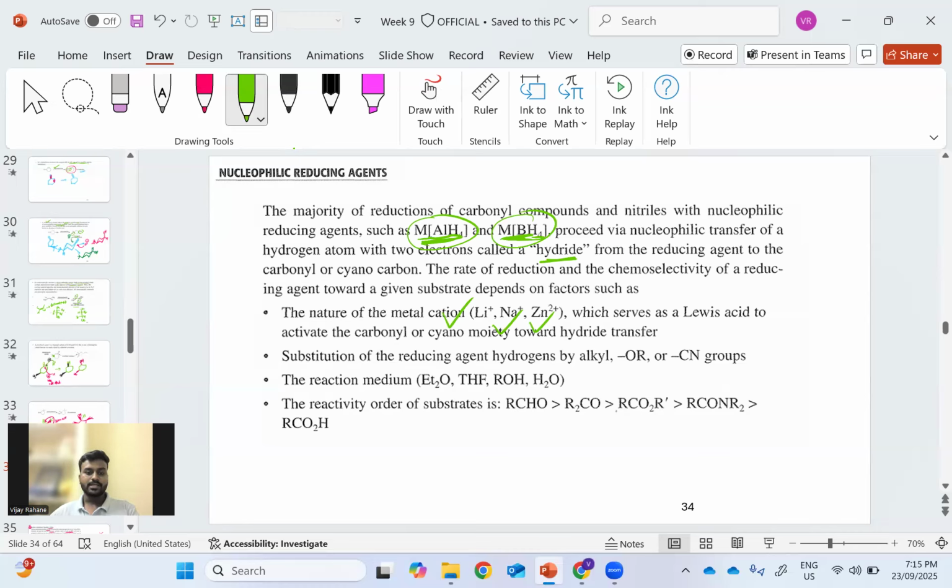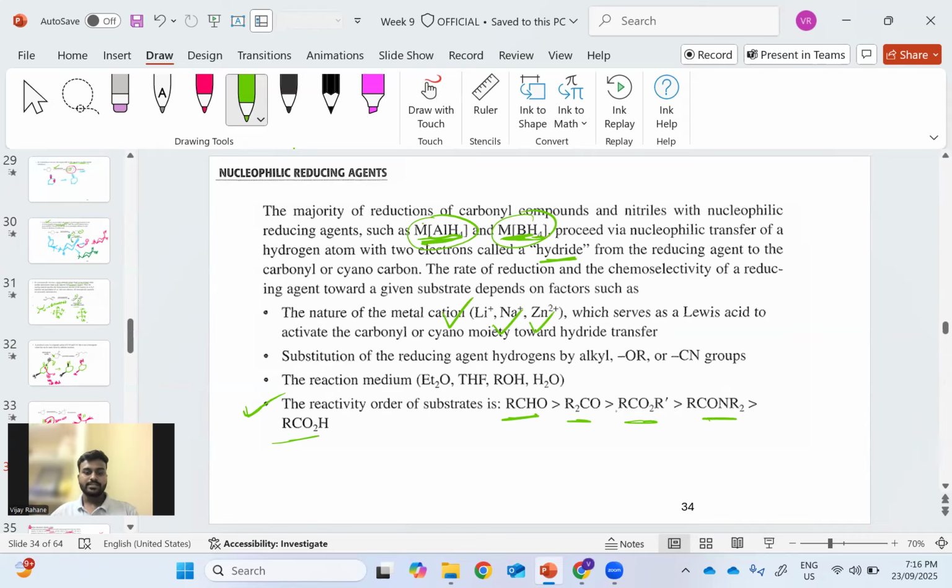And if you look at the reactivity order of these reagents towards carbonyl compounds, aldehydes are highly reactive compared to ketones, which are more reactive than esters, then amides and acids. So this is the reactivity order for such reagents.